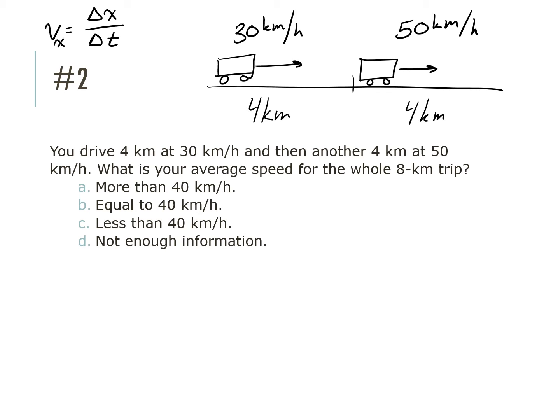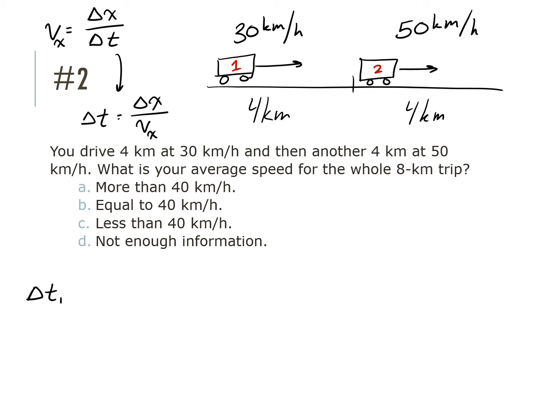So this is our velocity in the x direction. To rearrange for time, we would have the change in position over that particular velocity. I'm going to call this first set of motion 1, and the second set of motion 2, just so I don't need to come up with new variables.